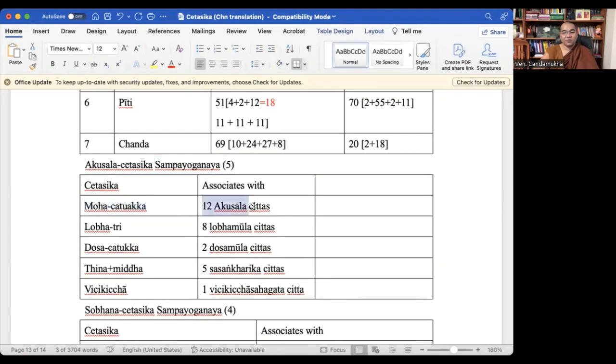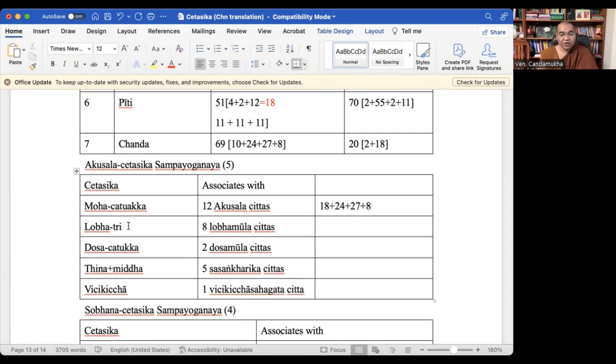It associates with the two akusala cittas. It does not associate with the other cittas: the 18 ahetuka cittas do not associate, and the 24 kamavacara sobhana cittas do not associate, nor the 27 mahaggata cittas. The moha group does not associate with them, and also not with the 8 lokuttara cittas.